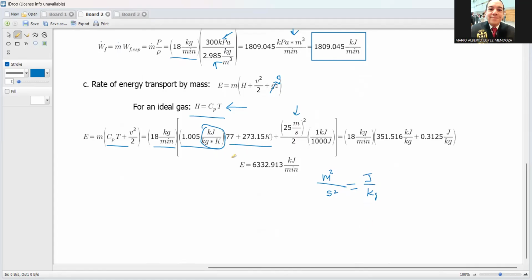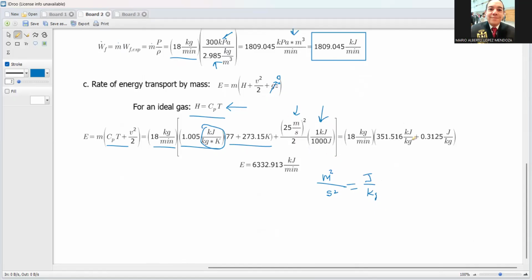So here we have the same units, but in a different scale. We need to write both quantities in the same scale. So here I have included a conversion factor in order to write this quantity in kilojoules per kilogram.